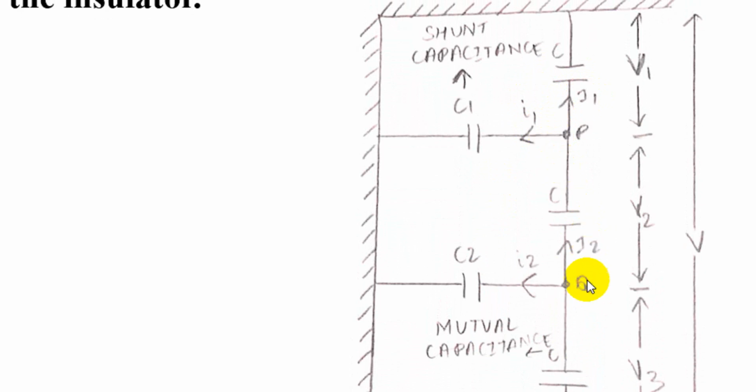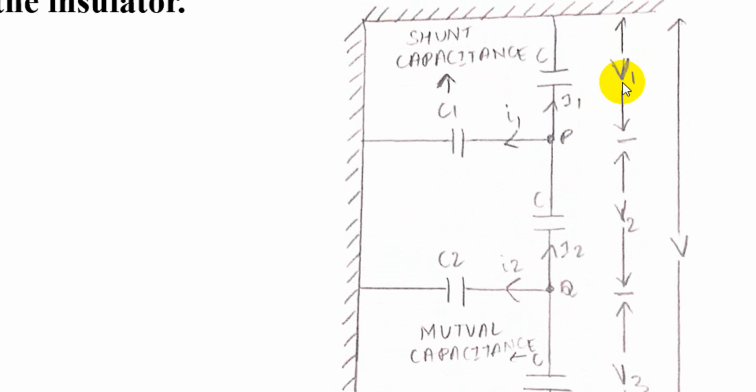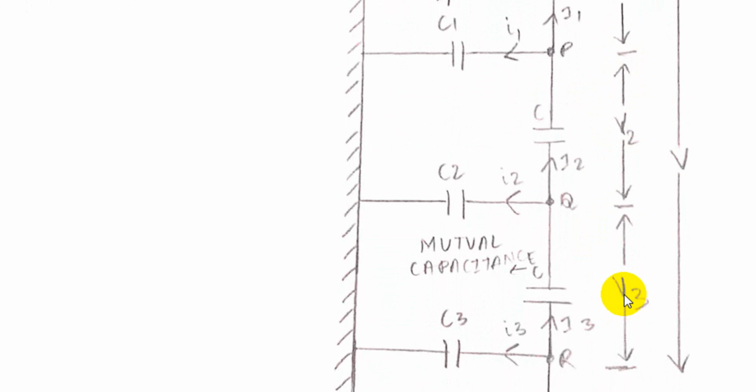On the same lines, points Q and R. V1 is the voltage drop across the first insulator, V2 across the second insulator, and V3 across the third insulator. V is the total voltage drop if we take all three insulators into consideration.